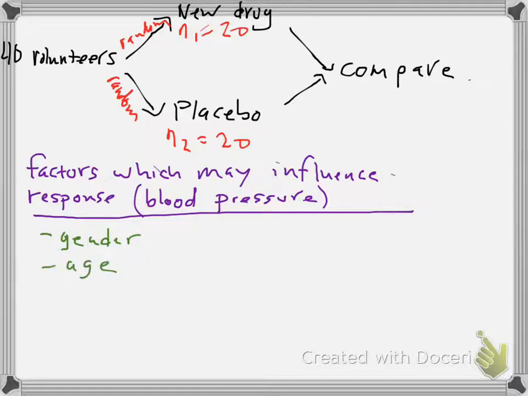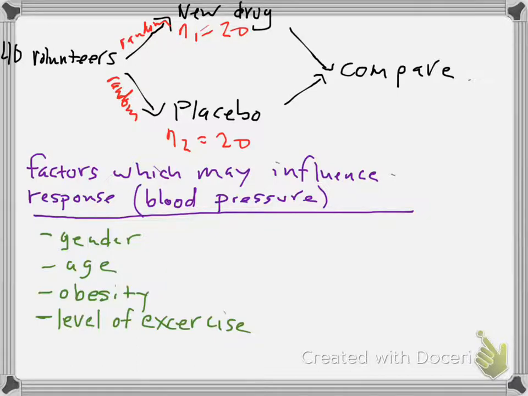Age. We haven't talked about age. Young people could respond differently than older people, or middle-aged people could respond differently than the elderly. Obesity. Maybe if you're really overweight, it might affect you differently than if you are underweight or at weight. Level of exercise. How healthy are you?